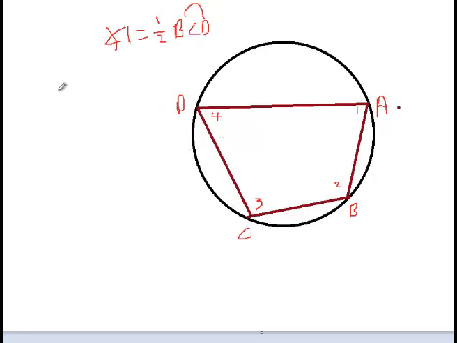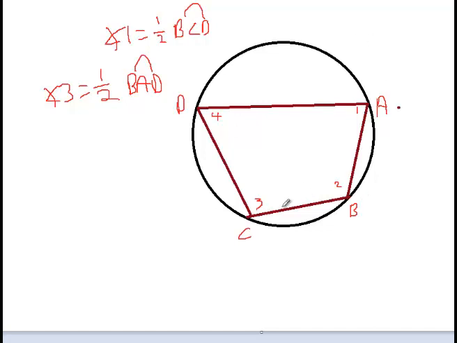And angle 3, which is its opposite, has to equal 1/2 of the arc that angle C ends here and ends here. So it would have to be 1/2 of arc BAD. Now, if you notice, that's the entire circle. If you combine the arc that C sweeps out and A sweeps out, since they meet at the same points, it has to be the entire circle.